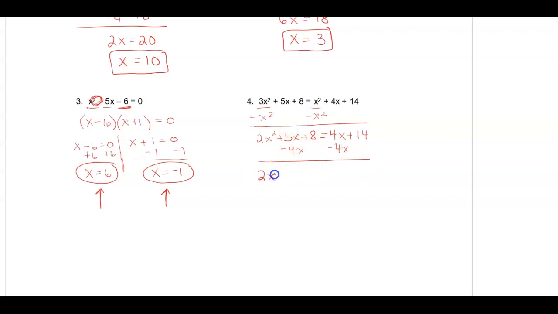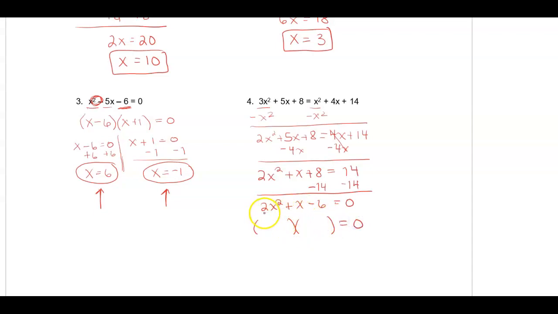I'll get 2x squared plus x plus 8 equals 14. And then I'll subtract 14 from both sides. So every time you're faced with a quadratic, you need to get all the terms to one side. When you have the quadratic, that's when you factor it into two binomials.